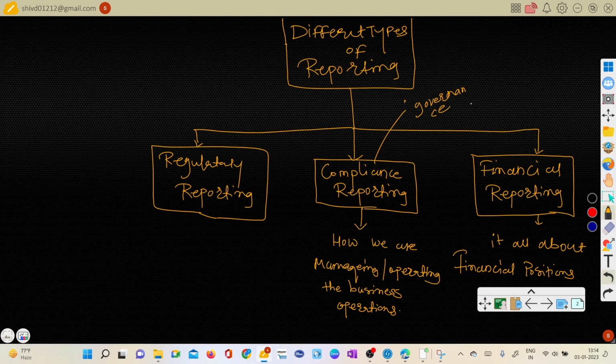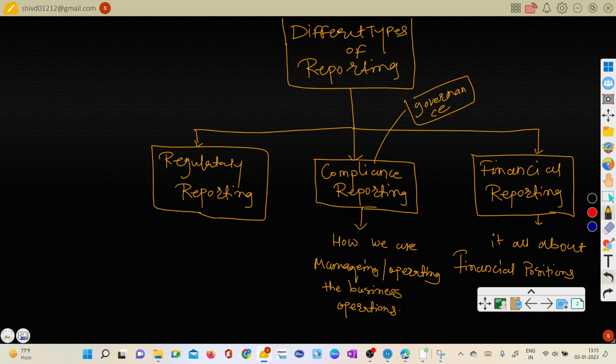When we say governance, it means how the business operations should be, or how you can perform the business activities within a prescribed format or standard operating procedure. So you can follow the SOP and operate all the business activities. If you're doing that, it all comes under your compliance reporting activities.